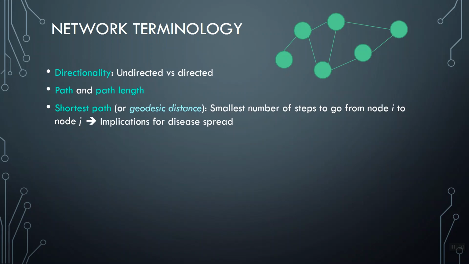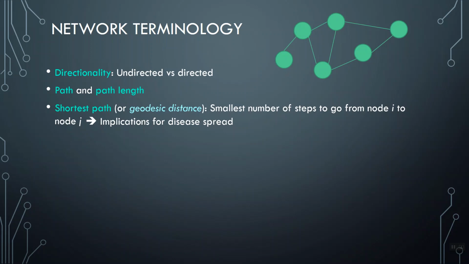What happens if the shortest path is really, really big? Well, we'll have to go through multiple places until it reaches. Exactly. We'll have to go to multiple places or nodes to actually have everyone infected.